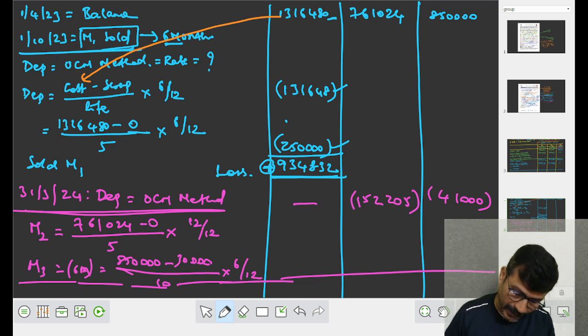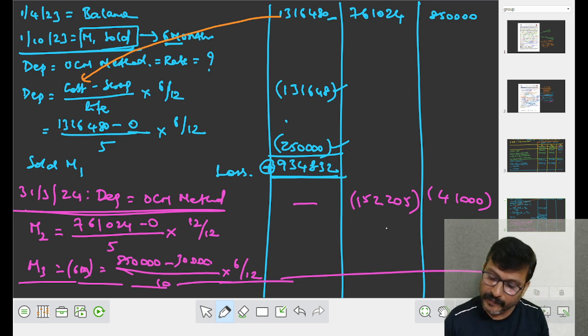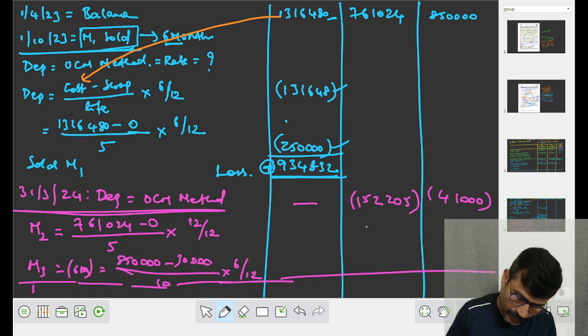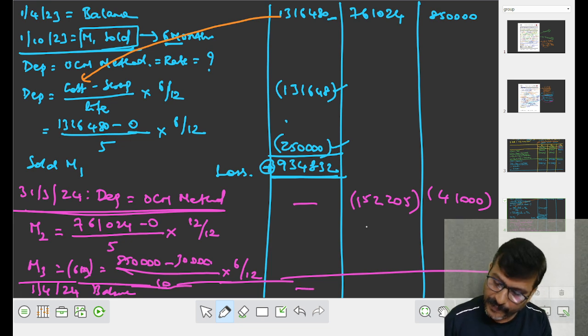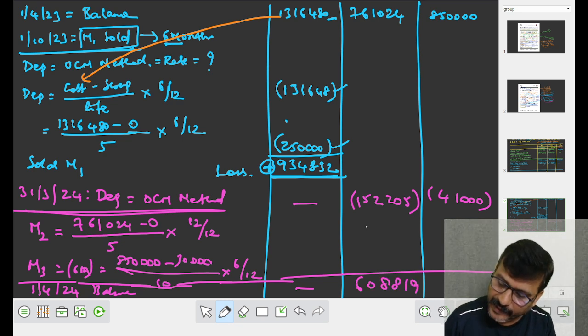We have to write the balance on what date? On 1st April 24. The balance comes to rupees nothing for the first one, 6,08,819 for M2 and 8,09,000 for M3.